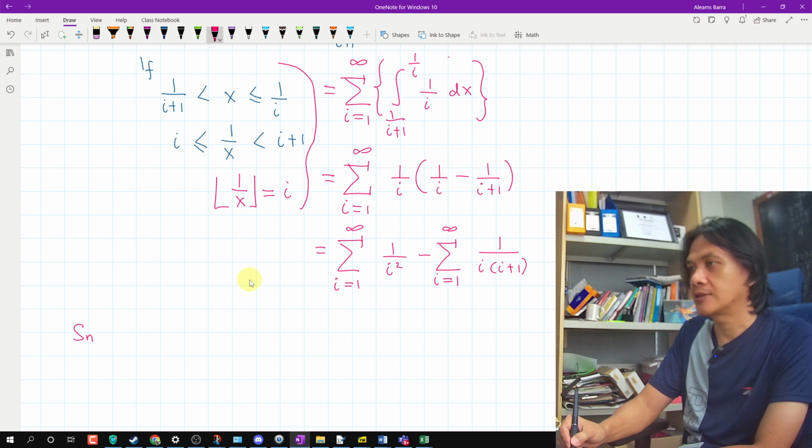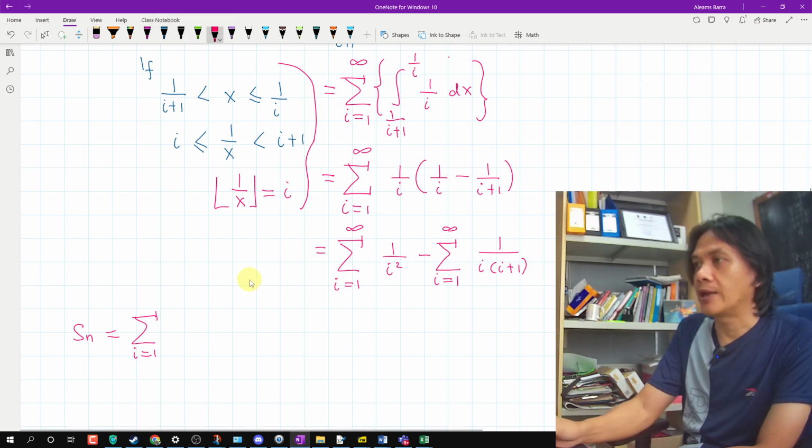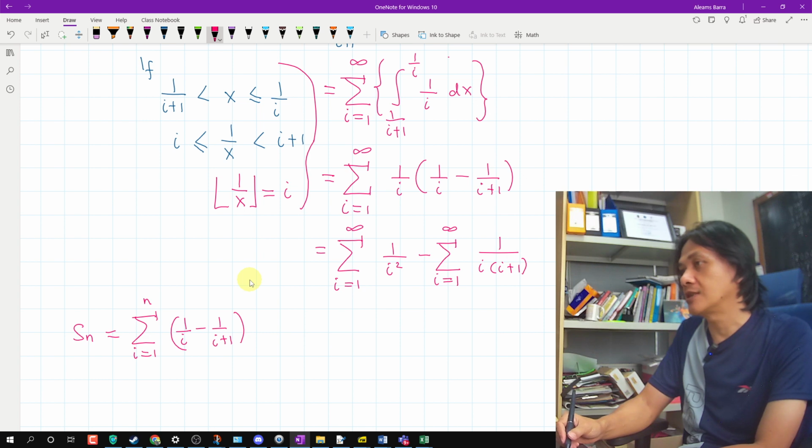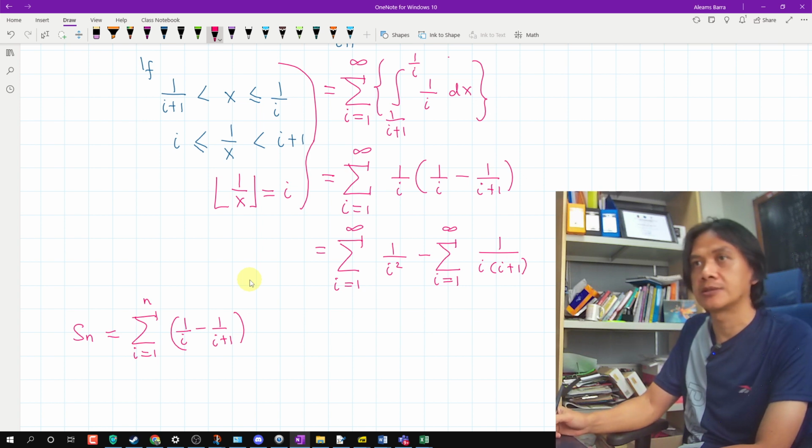So the S_n of this series will be the sum from 1 up to n of this guy. But this expression can be rewritten as 1 over i minus 1 over i plus 1. So you can easily see that if we make a common denominator, then this expression is exactly that one.